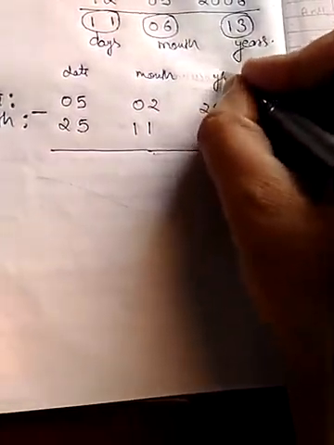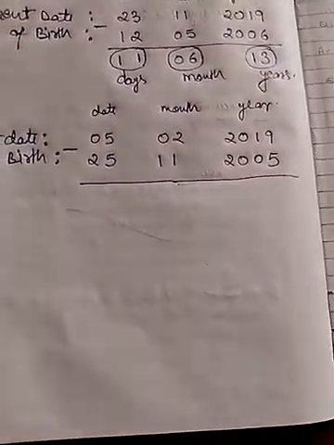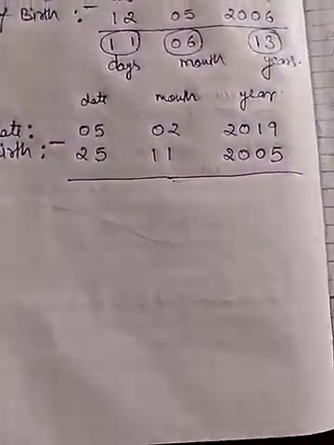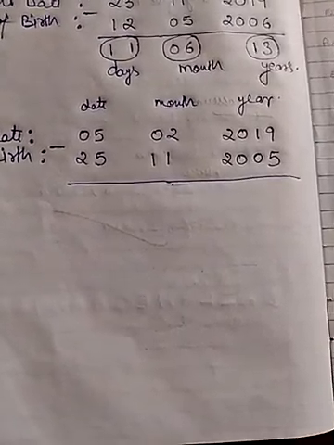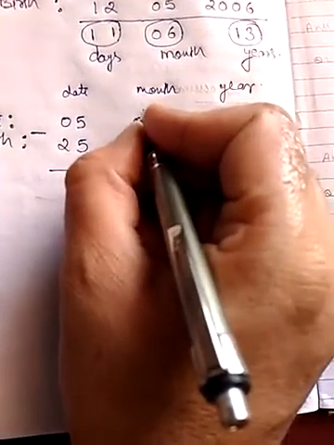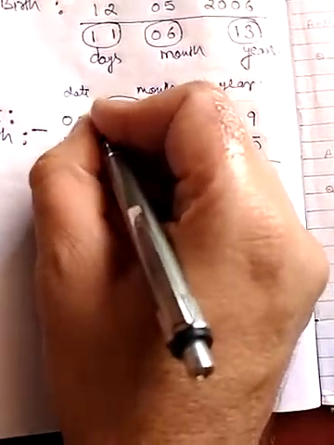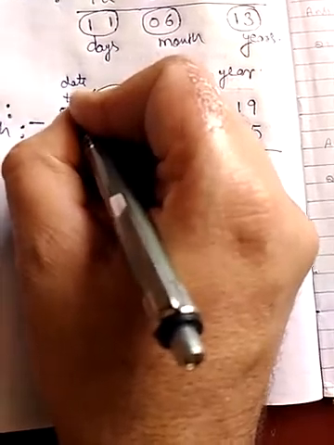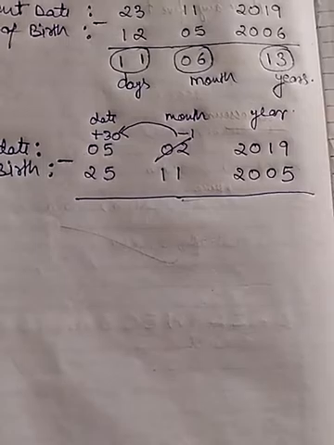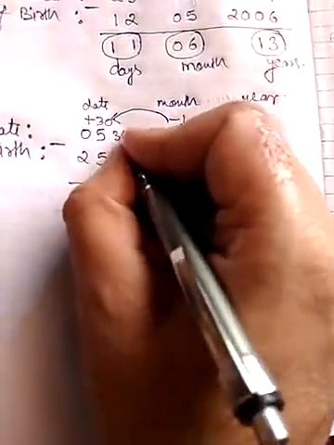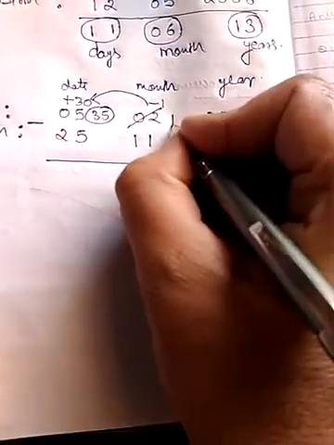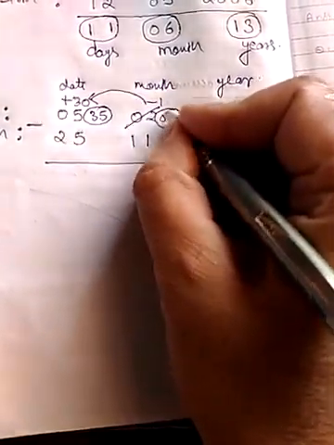month, it is year. Now if we want to subtract 25 from 5, then this is not possible. Then what we have to do? We will borrow 30 days from here, means add here 30 and subtract it minus 1. Now this will become 35 and this will become 1.